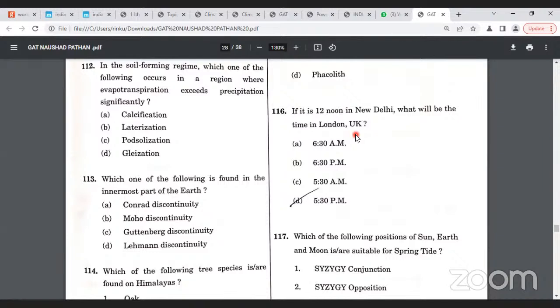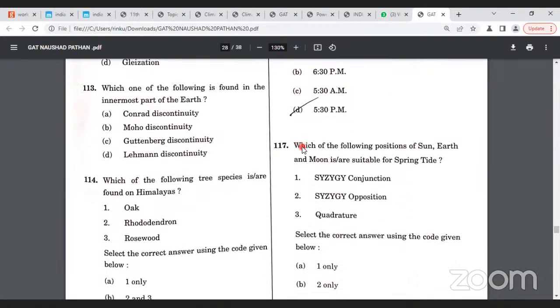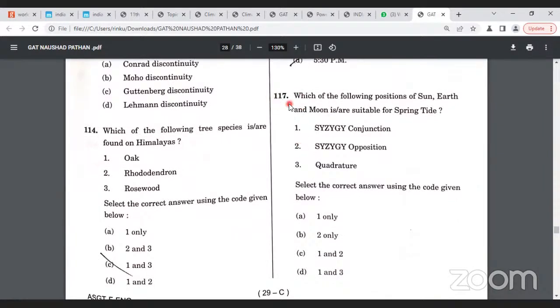So if New Delhi is 5.5 hours ahead, London is 5.5 hours behind us. 5 hours behind 12 noon is 7, and another half hour behind would be 6:30. 6:30 a.m. in London would be 12 noon in New Delhi. Fine. For 116, the answer is option A.